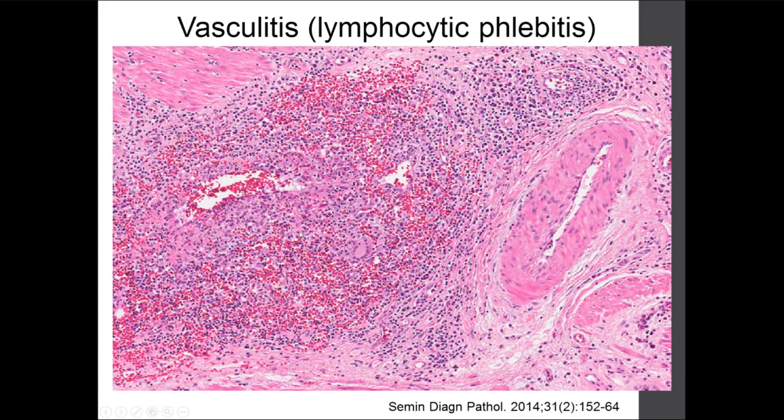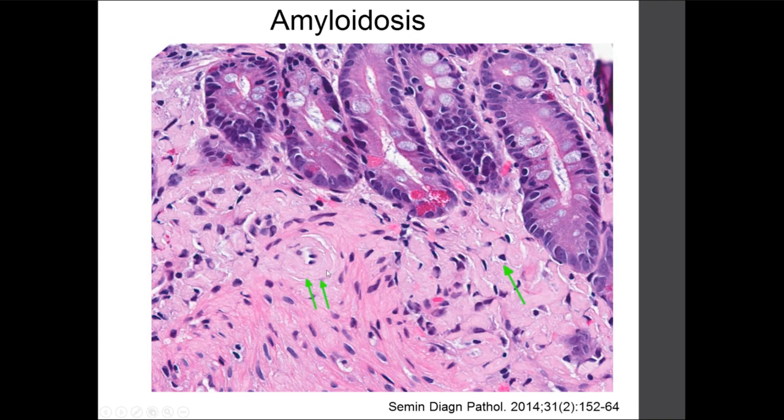This disease is segmental, so the patients recover nicely after the segment is resected, and it basically affects the veins with a lymphocytic infiltrate with some Schwann cells and histiocytes. The arteries are intact. Amyloidosis sometimes can lead to ischemia. In this case, there are globular amorphous deposits, not only in the lamina propria, but also in the arterioles.